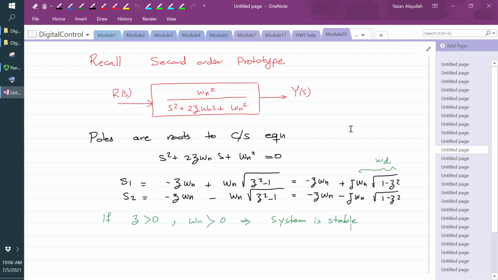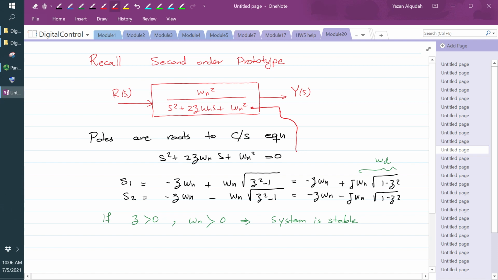Now, the second order system is, if you remember, the transfer function omega n squared over s squared plus 2 zeta omega n multiplied by s plus omega n squared. And if I take the poles of this system, they are the roots of this characteristic equation. And these roots are going to be s1 equal to negative zeta omega n plus or minus omega n multiplied by square root of zeta squared minus 1.